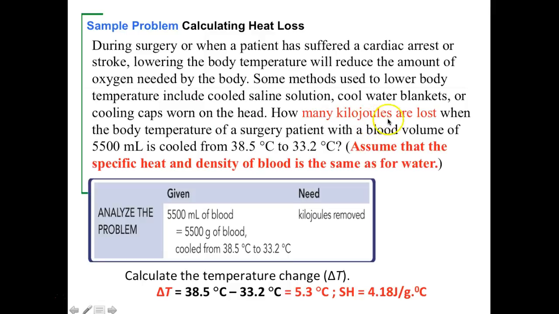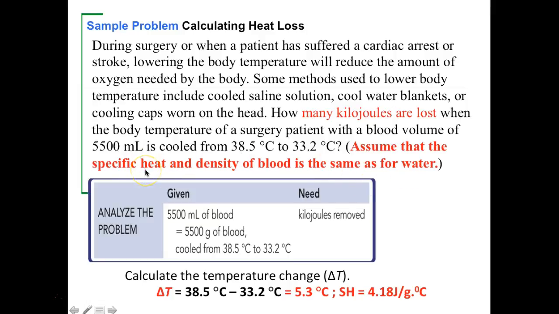How many kilojoules are lost when the body temperature of a surgery patient with a blood volume of 5500 ml is cooled from 38.5 degrees centigrade to 33.2 degrees centigrade? Assume that the specific heat of blood is the same as for water.